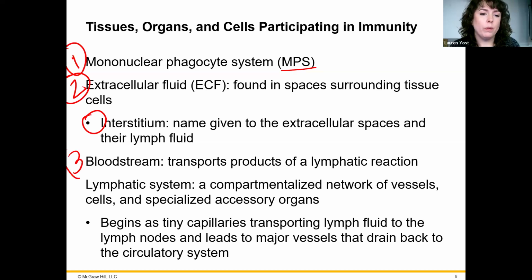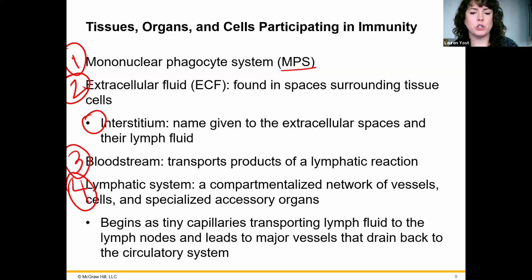Number three, the bloodstream itself. This is how a lot of our lymphatic stuff is going to be transporting. Yeah, you might be sitting there being like, I thought that was like the lymph nodes and all that stuff. Yeah, it kind of is, but it's going to be complicated, of course. So we also have the lymphatic system, which is separate from the bloodstream. Yes, it's compartmentalized. They have their own vessels that are not part of the circulatory system.